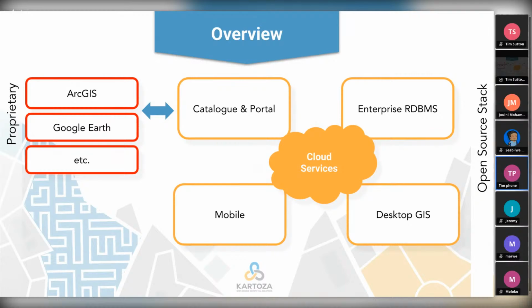And the fourth component that I usually present is how you bring the data out to your users, often your less technical users, and that's using catalogs and portals and usually some kind of web interface. And again, there are many, many options for doing that.